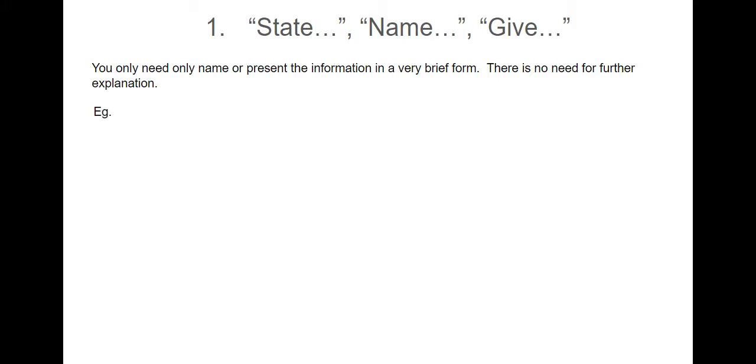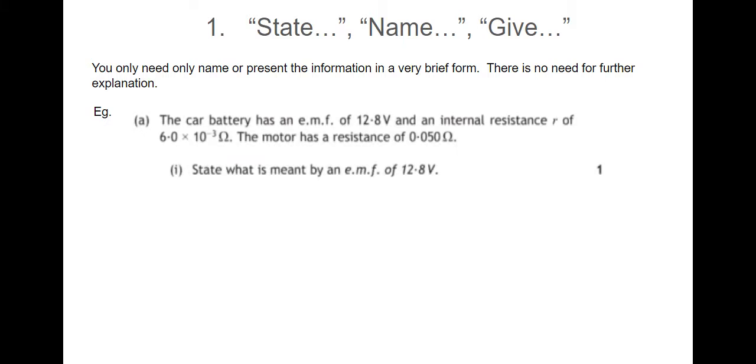Be aware though, sometimes you get questions a bit like this. State what is meant by an EMF of 12.8 volts. Because they've gone to the bother of writing 12.8 volts in the question, we need to have some information about that in the answer.